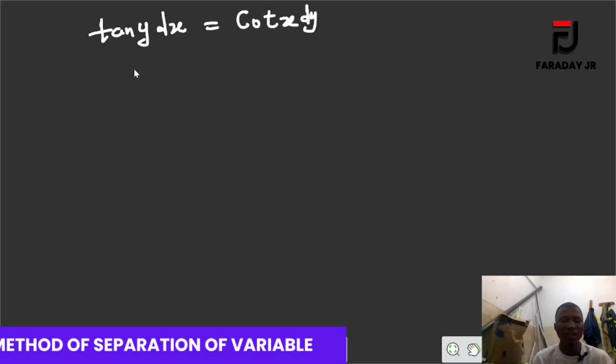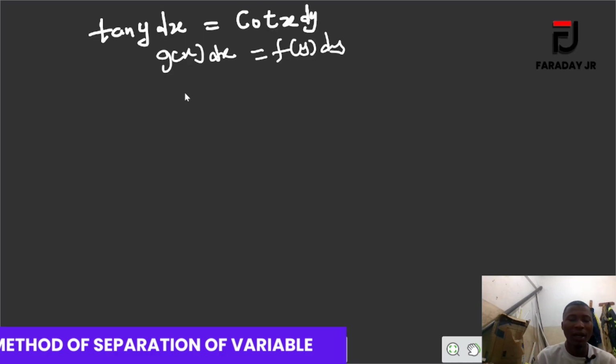Now, there is a function that was given to us to solve this particular differential equation using the method of separation of variables, right? With this method, our main goal is to get a function of x alone, g of x dx, and a function of y alone, f of y dy.